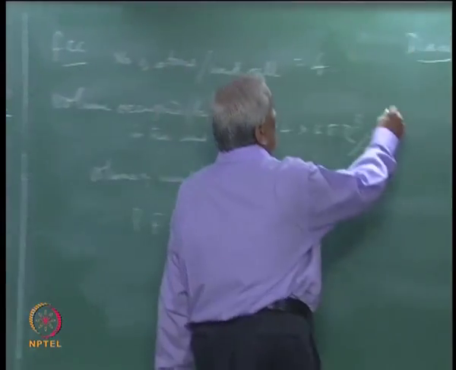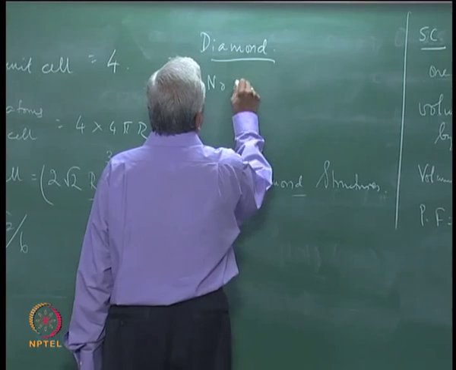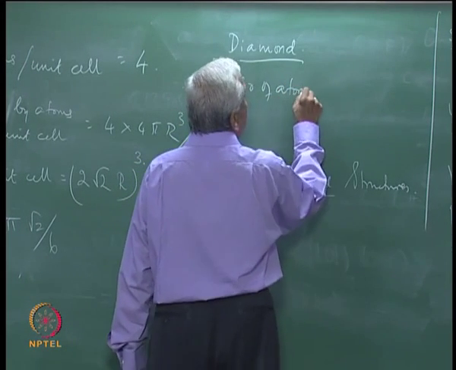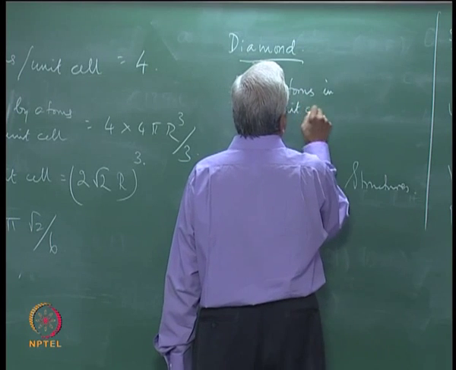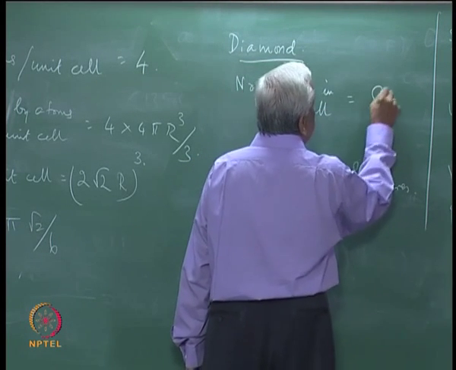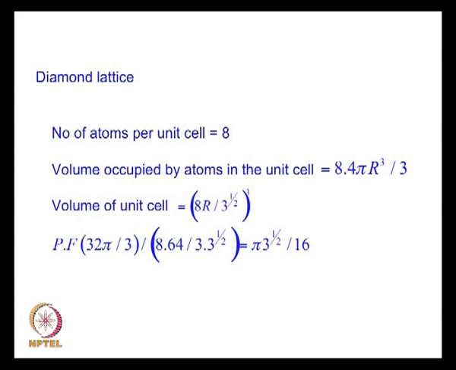So, the total number of atoms in the unit cell is 8, as one can readily verify.